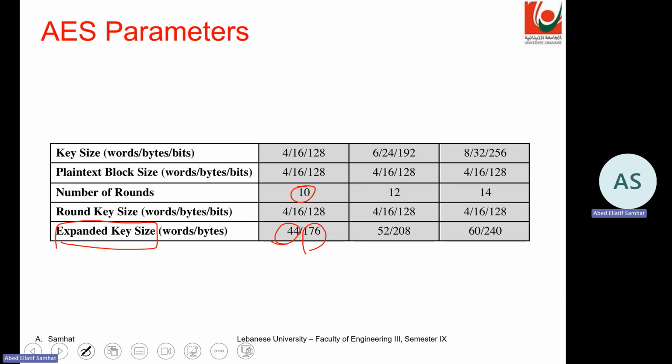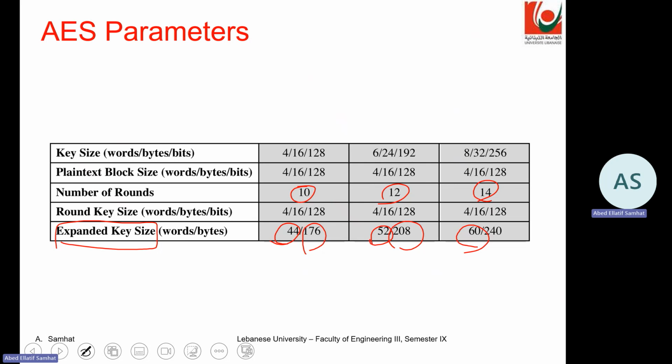Here we have 12 rounds, we have 52 words. The number of bytes is 208 bytes, and with AES 256, in this case the number of rounds is 14, and the number of words for the key resulting from the expansion of the key is 60, and the bytes are 240.